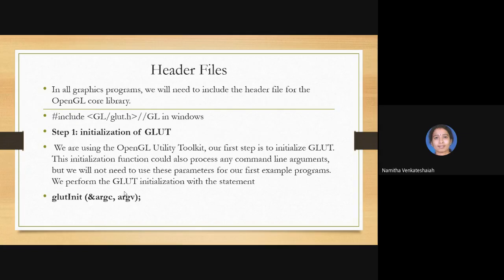If you do not, please Google and learn about them, what you use in C: there will be an argument counter and an argument vector. Using command line arguments itself, you can do small programs with special functionalities. So we will be using this glutInit function to initialize GLUT along with the command line arguments argc and argv.